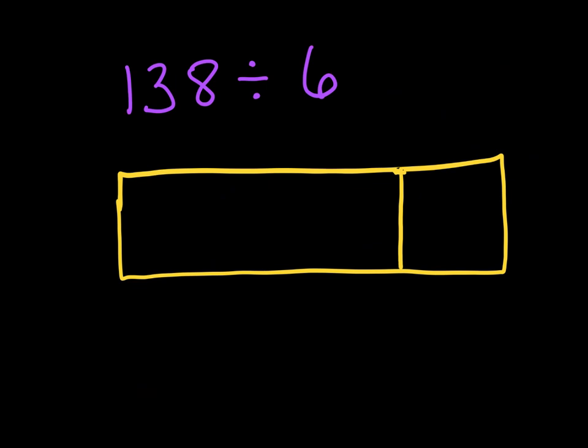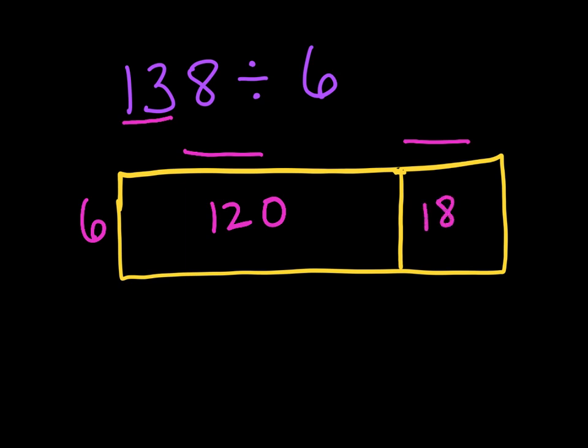Okay, our next one, 138 divided by 6. So we know that we're dividing by 6. We just don't know what the numbers are in here. 6 goes into 13. Well, no, but it can go into 12. But that's not really a 12. That would be 120. 138 minus 120 would leave me with 18.